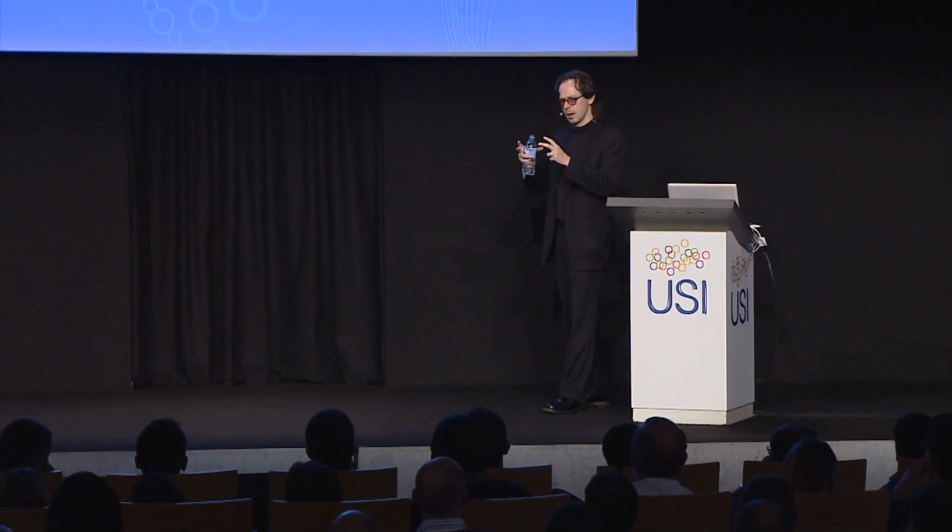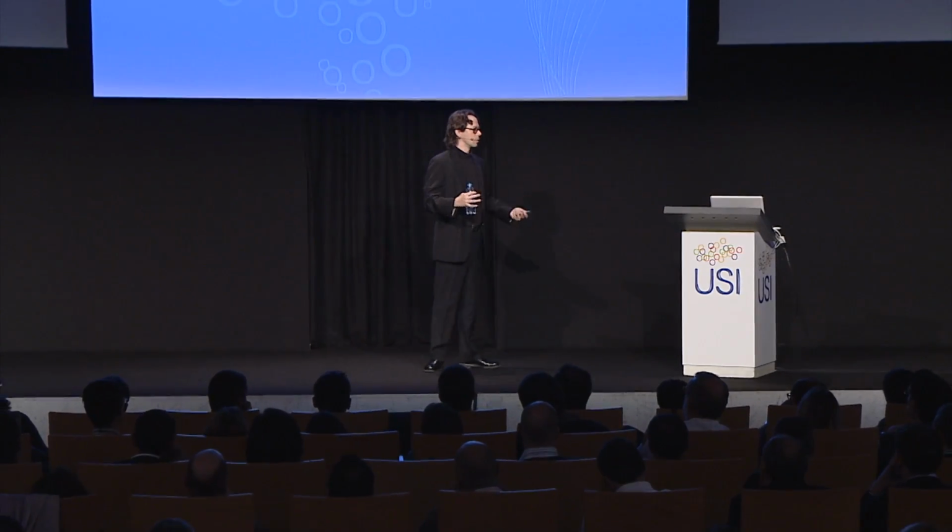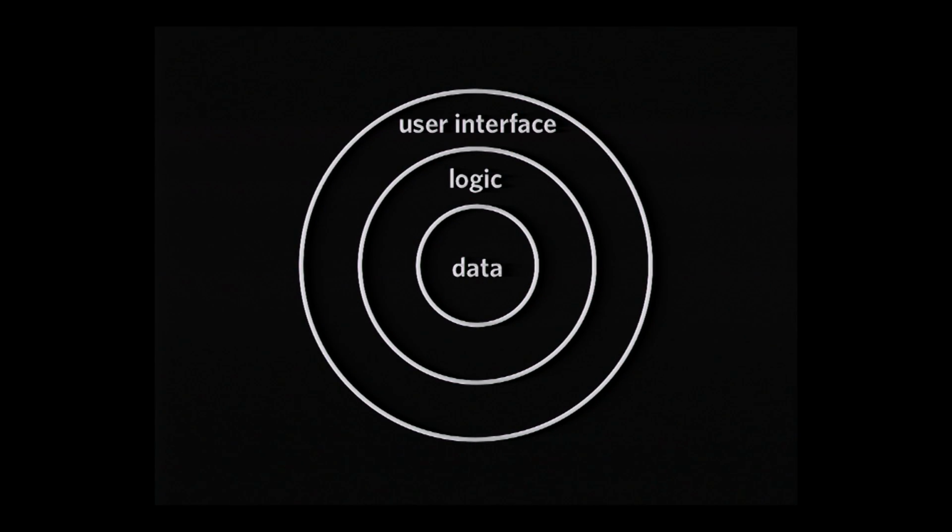We tend to think about it as starting with this core of data, and then around that data we wrap some logic to process and manipulate that data. And then we take the results of those processes and we push them out through the outer shell of the user interface. In fact, shell is a term that programmers use to describe the user interface of an application.